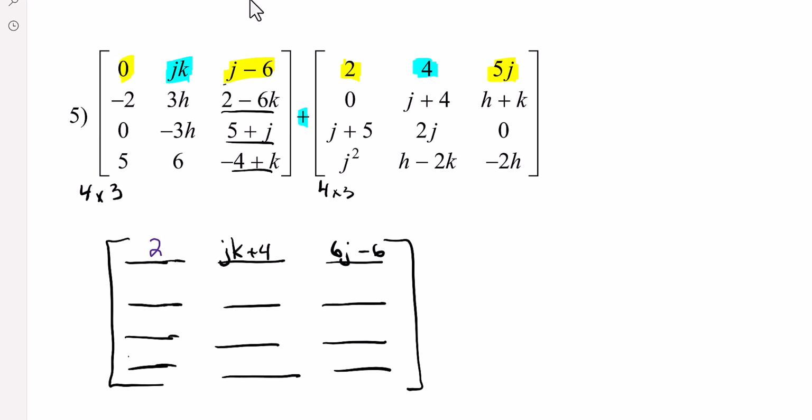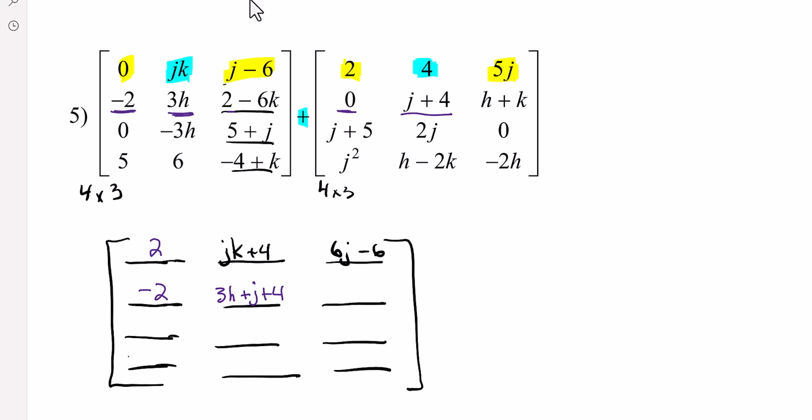All right, we're going to move to the middle row. So now we have negative 2 plus 0, which is negative 2. 3H plus this expression. Well, none of those are the same, so we're just going to write 3H plus J plus 4.